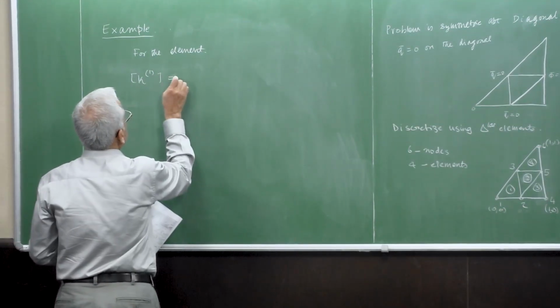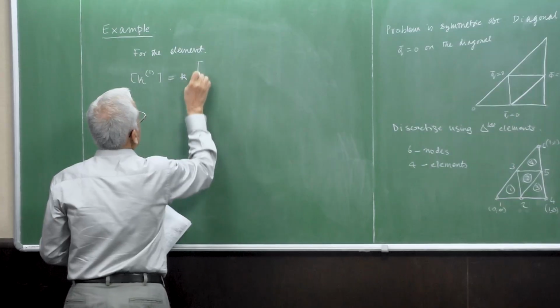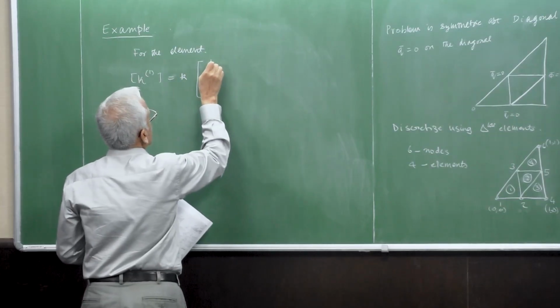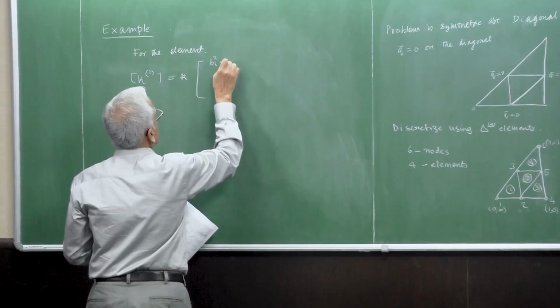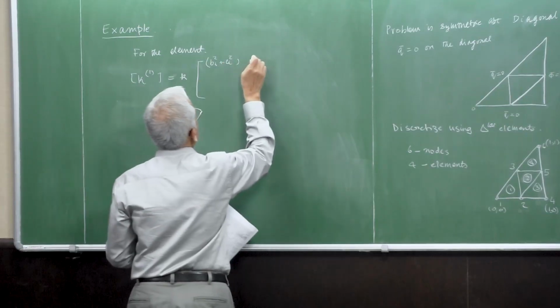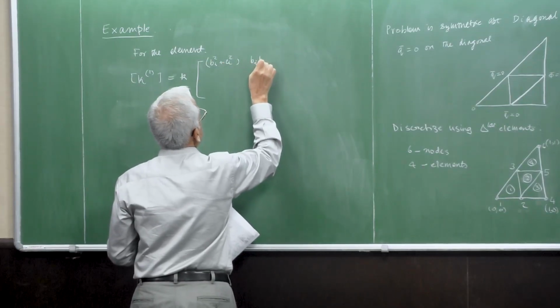I'll write it down all the same. Bi square, A square, Bi, Bj.